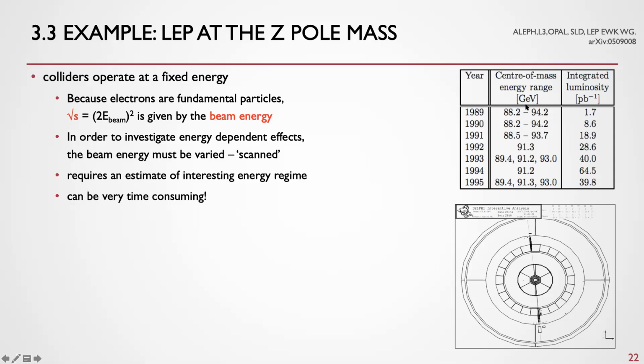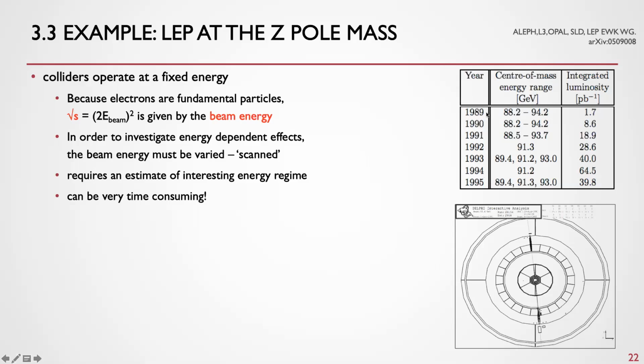The Z mass is around 91 GeV, and between the years 89 and 95, the lab ran at different beam energies, different center of mass energies, very close to the Z mass.